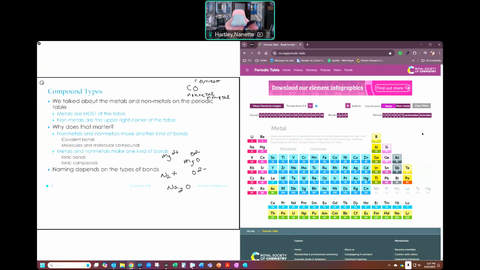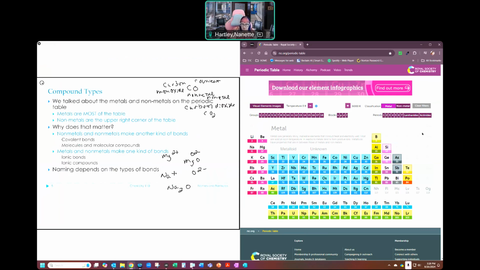So carbon monoxide is here, and carbon dioxide looks like this, where I have two oxygens for each carbon. Okay, those are two completely different compounds with different compositions. Okay, so I have one carbon for both of those, but I have twice as many oxygens in the carbon dioxide as I do in the carbon monoxide. Okay? And the names are different because of that.